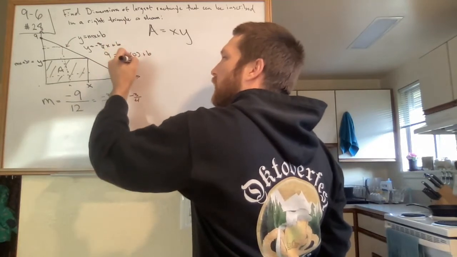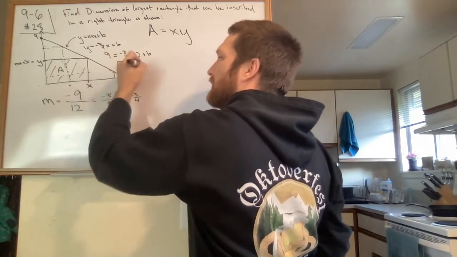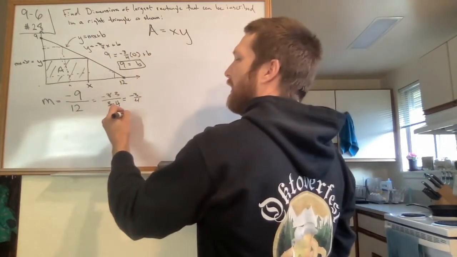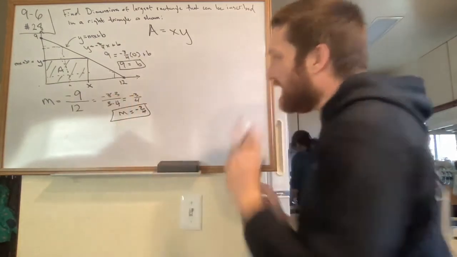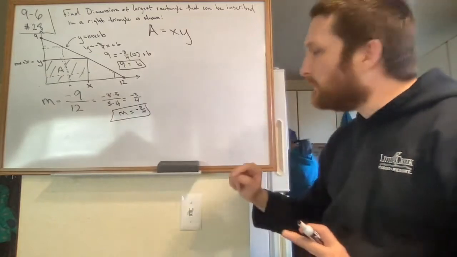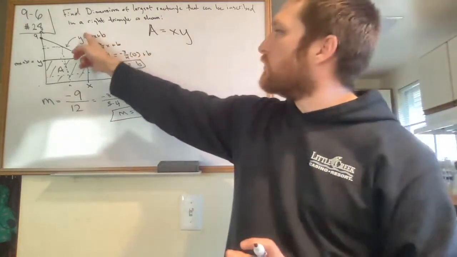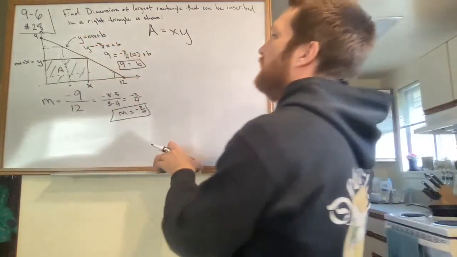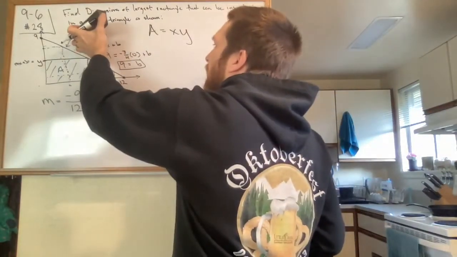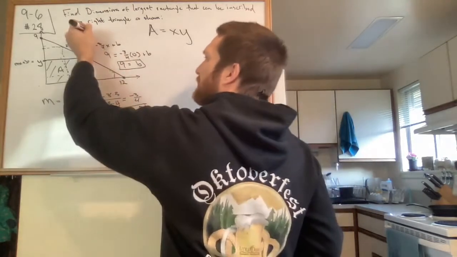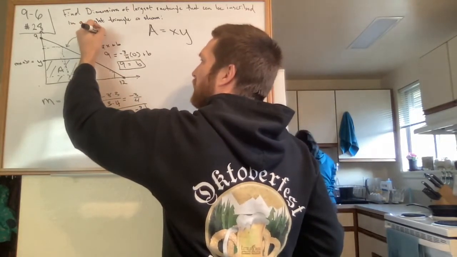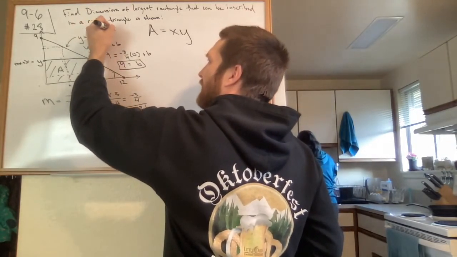The 0 goes away, and we're just left with b. And so that m was equal to minus 3/4. b was equal to 9. And so the function that we're looking for, I'm just going to go ahead and replace it right there, mx plus b is minus 3/4 x plus 9.